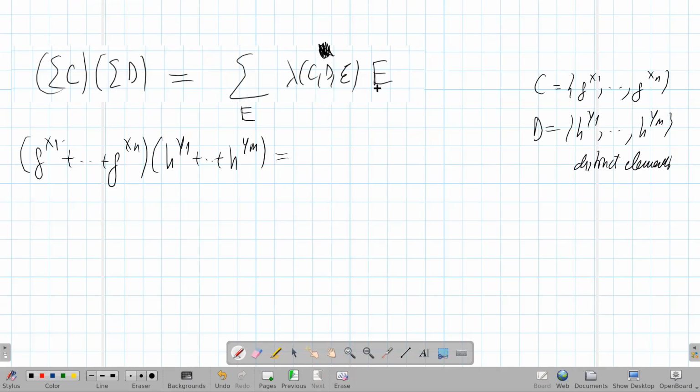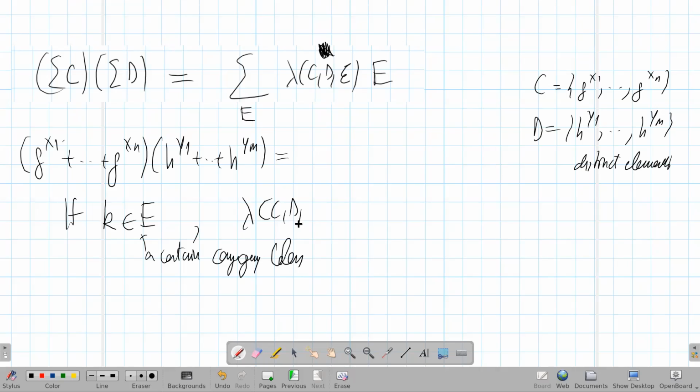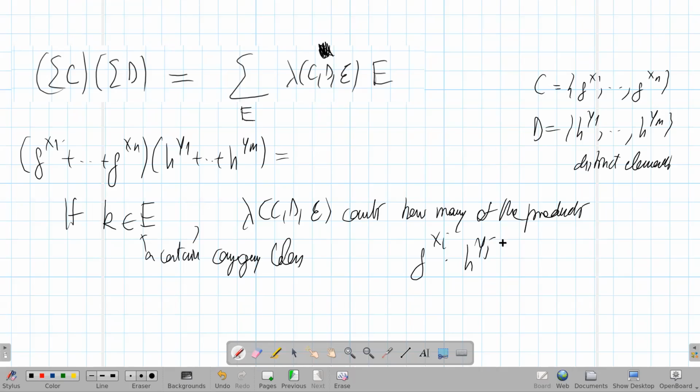So if K is an element of a certain conjugacy class, lambda CDE counts how many of the products gxi times hyj equal K.